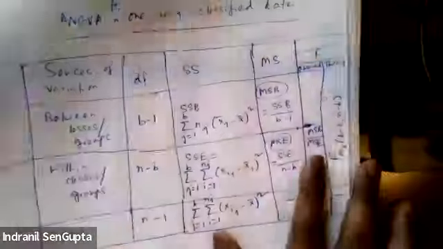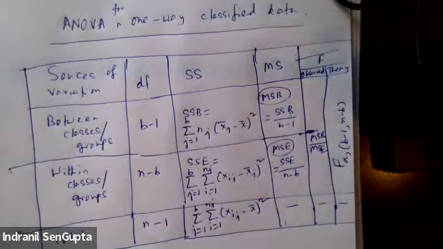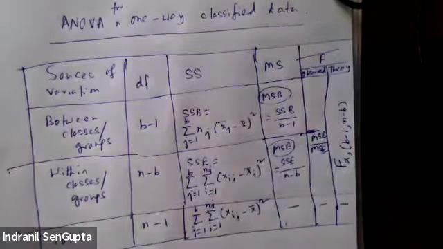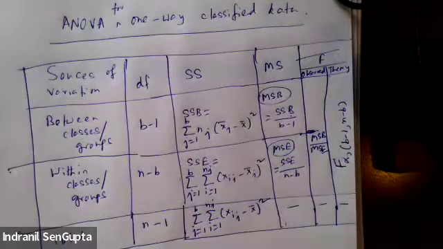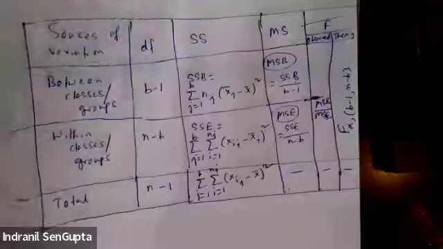When we are really dealing with data, suppose we are given, say, classes. So here is our given data set. Suppose we have different classes or groups.